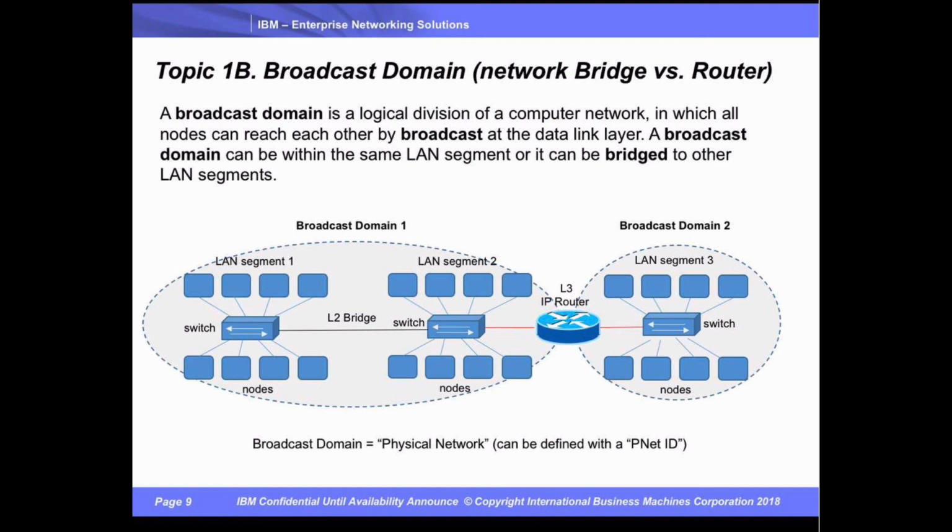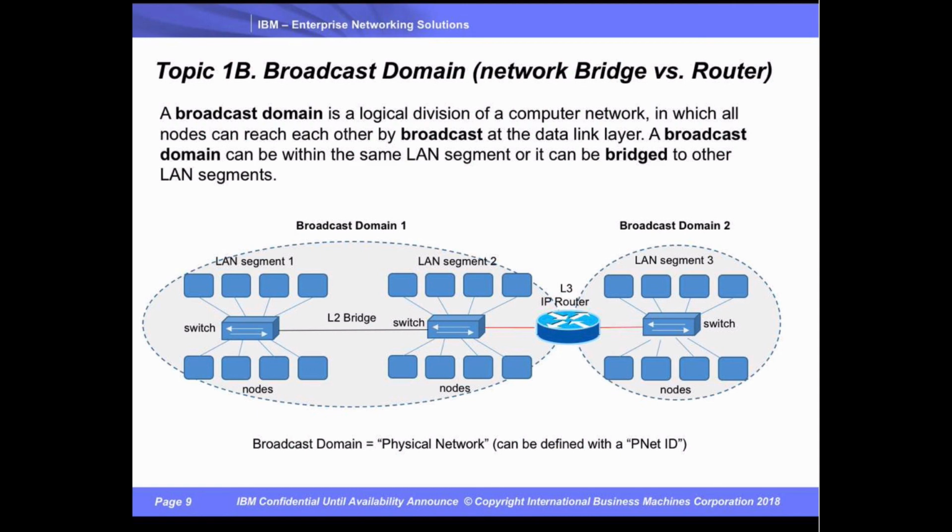Now, that broadcast domain terminates at the IP router. In this example, I can get to another LAN segment, a broadcast domain 2, using Layer 3 protocols to route across. So in this terminology, a broadcast domain is actually a physical network. I can reach all my peers by using Layer 2 protocols on a direct network.